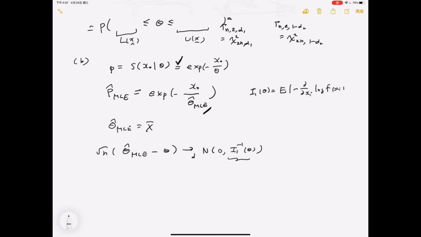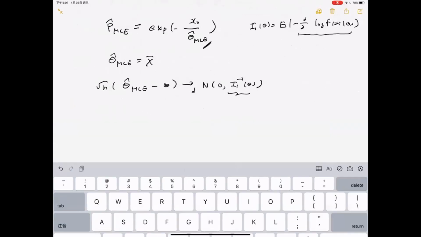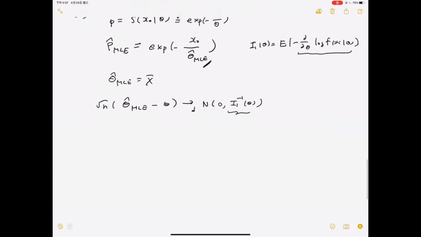When you find your MLE, you are basically deriving your log PDF or log likelihood function already. It's not partial xi, it's partial theta. As a second derivative, then put a minus sign right here as the information number. So you're deriving that.